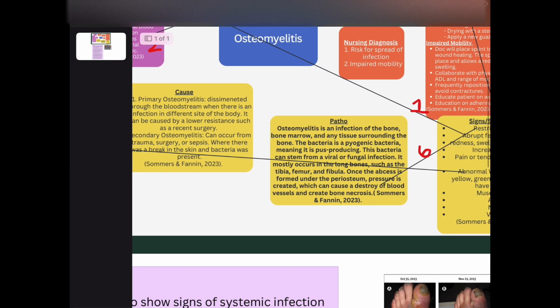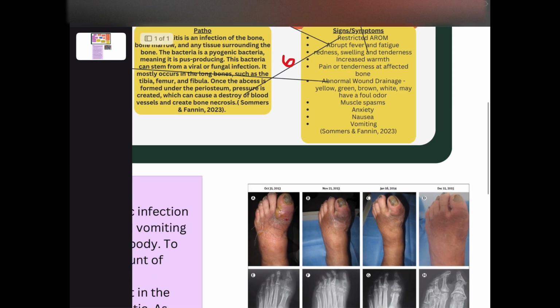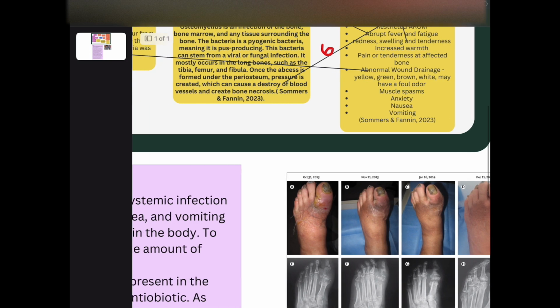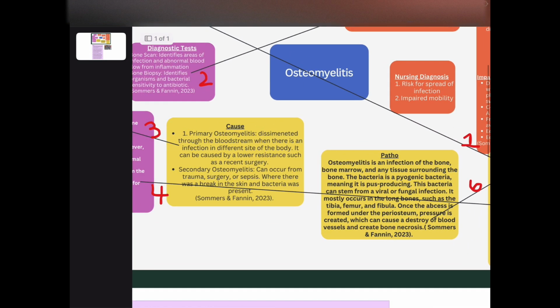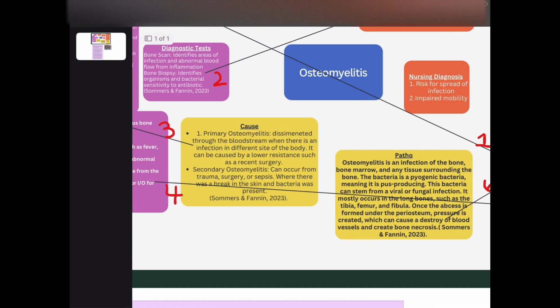And as we know, osteomyelitis likes to be around those long bones near the feet, which is what we have here. Another risk factor is peripheral vascular disease.